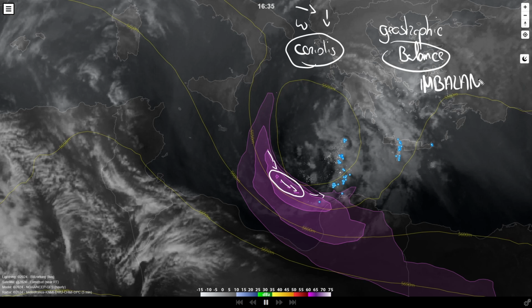And it's this imbalance that makes it so that due to the decrease in wind speed, there's Coriolis, as we all know, it deflects.